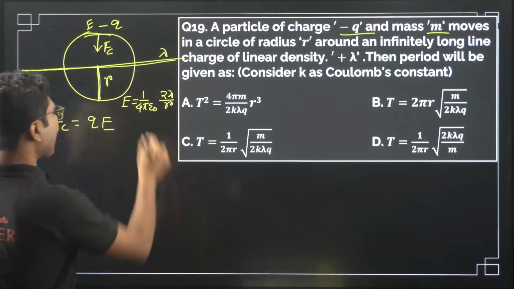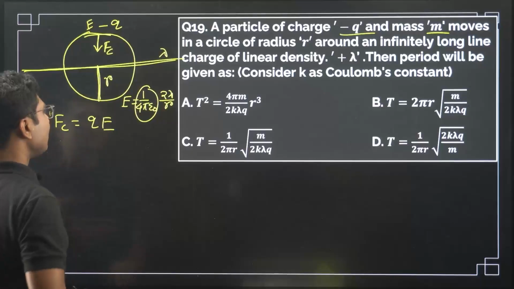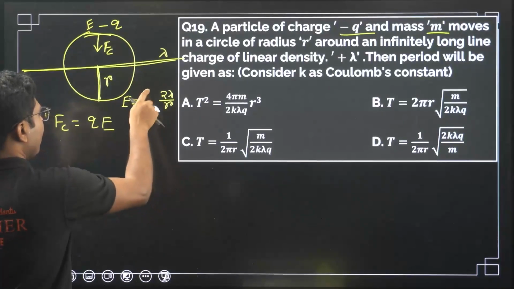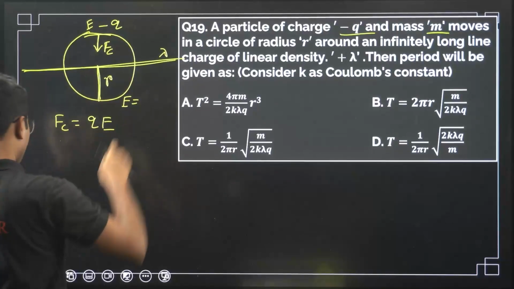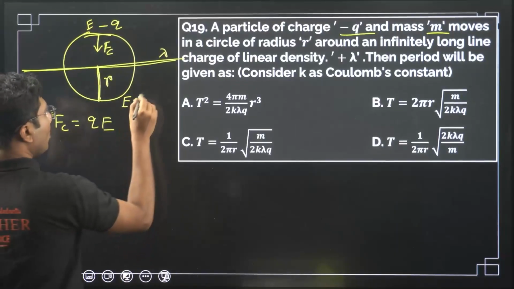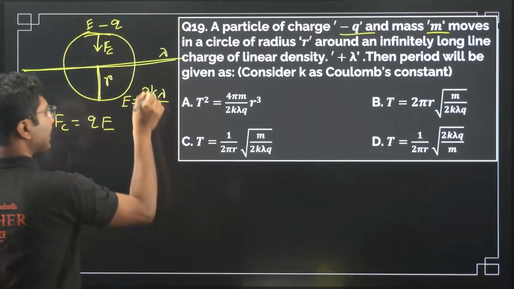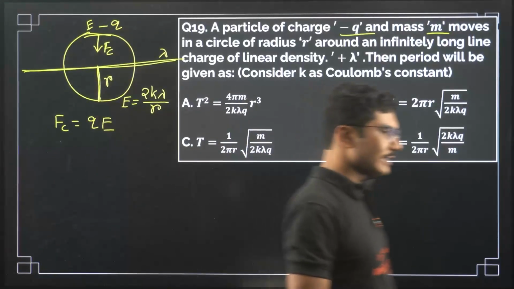Now what is this 1 by 4 pi epsilon naught? This is Coulomb constant, right? So instead of writing this, we will write it as 2k lambda by r. Now understand why these two comes.